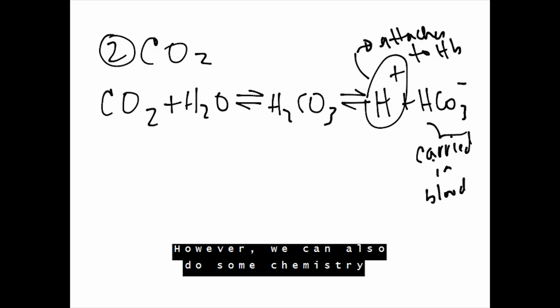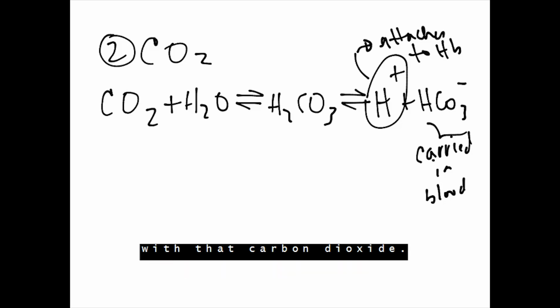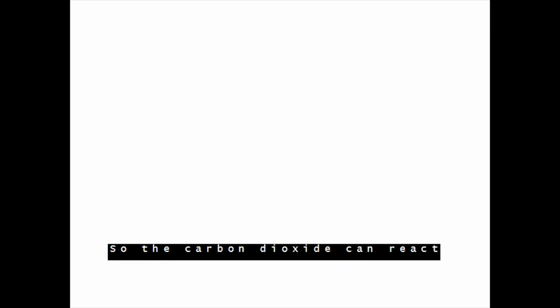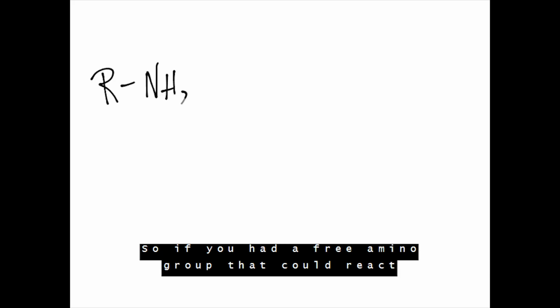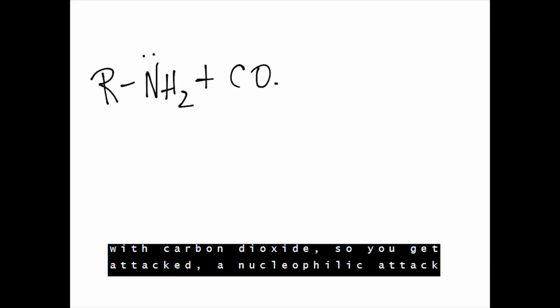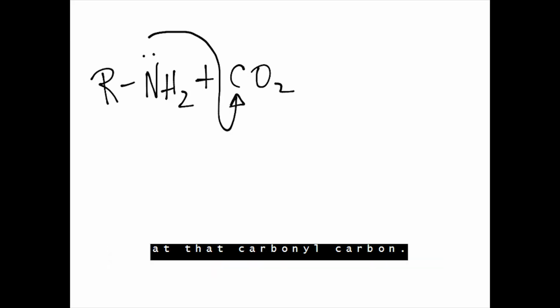However, we can also do some chemistry with that carbon dioxide. So the carbon dioxide can react with free amino groups hanging off of hemoglobin amino acid side chains. So if you had a free amino group that could react with carbon dioxide, you get nucleophilic attack at that carbonyl carbon.